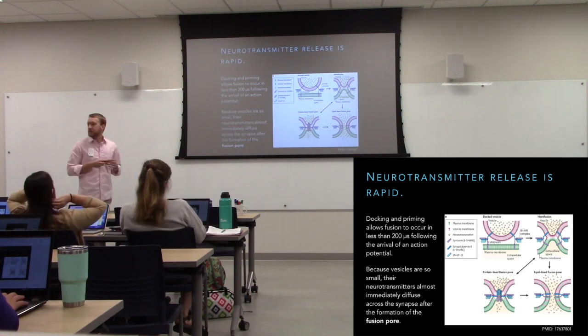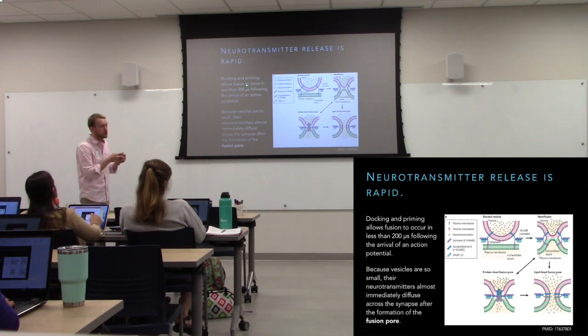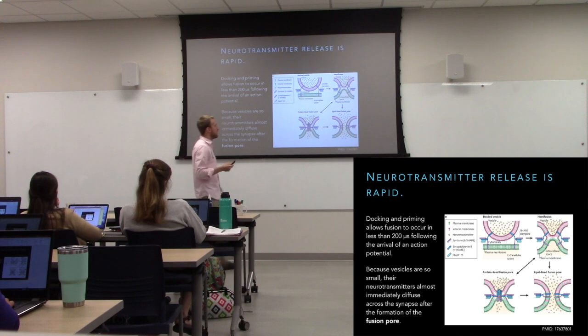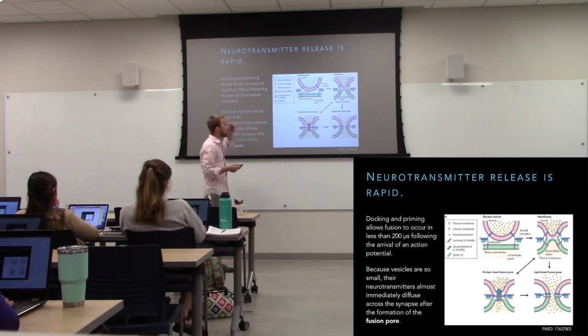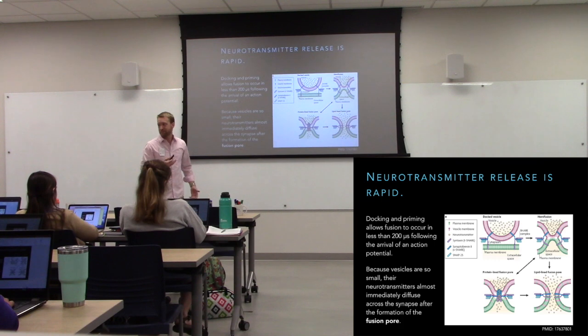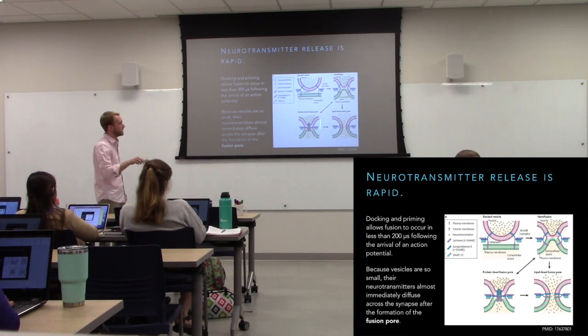We're not sure at this point, because it's really hard to see what's going on with something that's so fast and so small. We're not sure whether or not there's any sort of formation of essentially channels by the SNARE complex. There could be some sort of protein-lined fusion pore. Maybe. We don't know. It's hard to say because this is so quick. This is an idea that we can't yet discard.